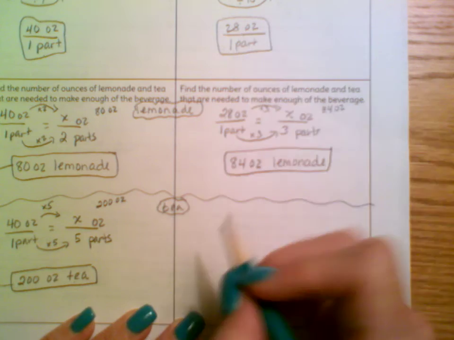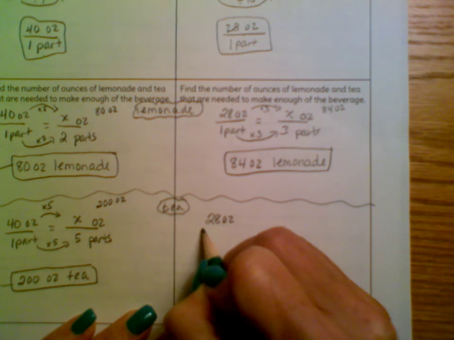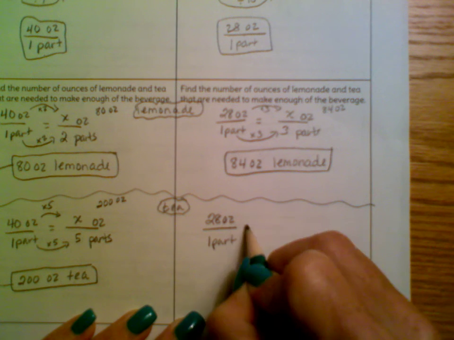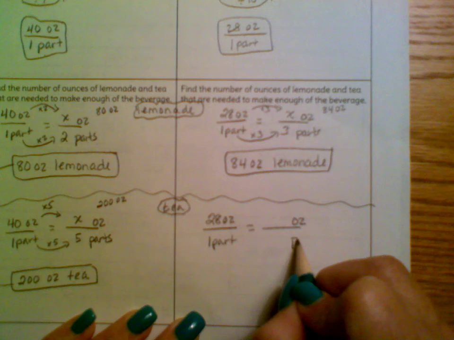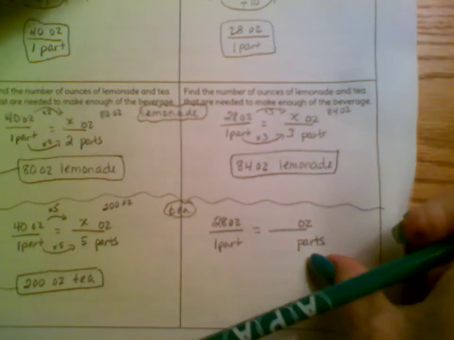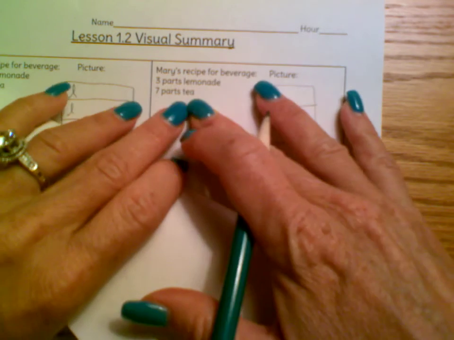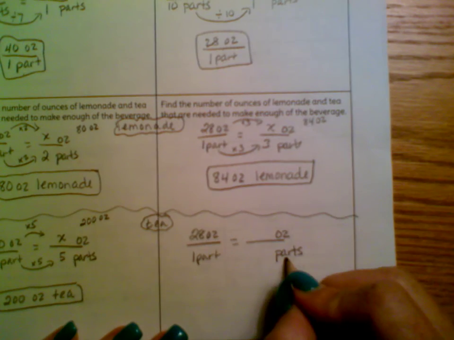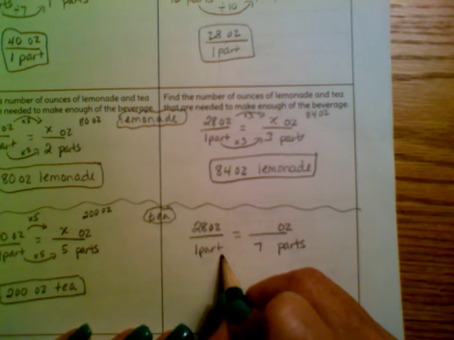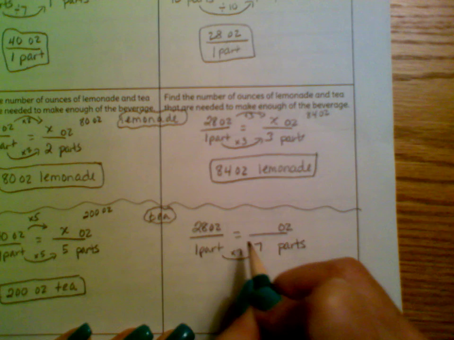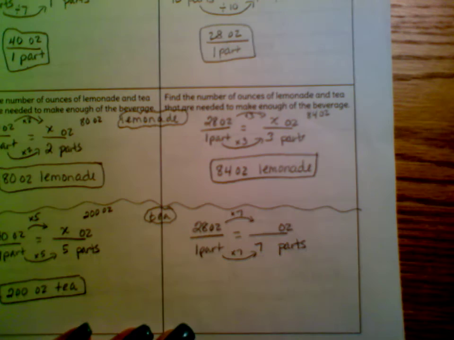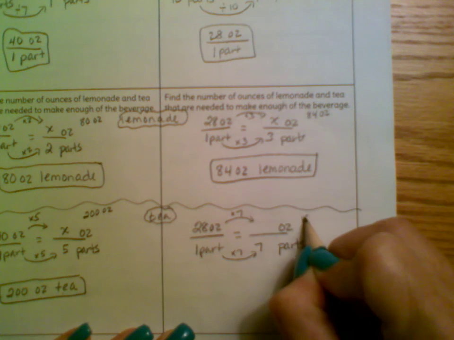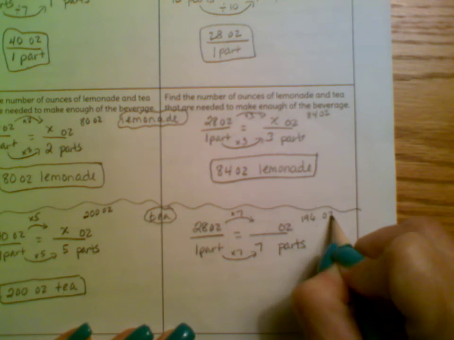Okay, let's do the same for tea for Mary's recipe. So my unit rate again is 28 ounces in 1 part. Set it up, ounces, parts. Look back at the prior page to see for tea, she has 7 parts. So by parts, 7, scaling up times 7. 28 times 7 is 196 ounces.